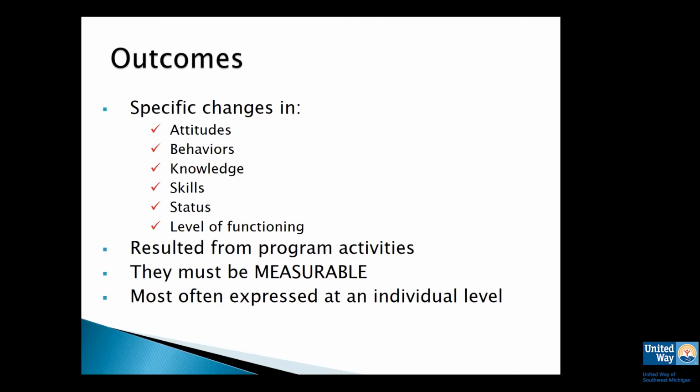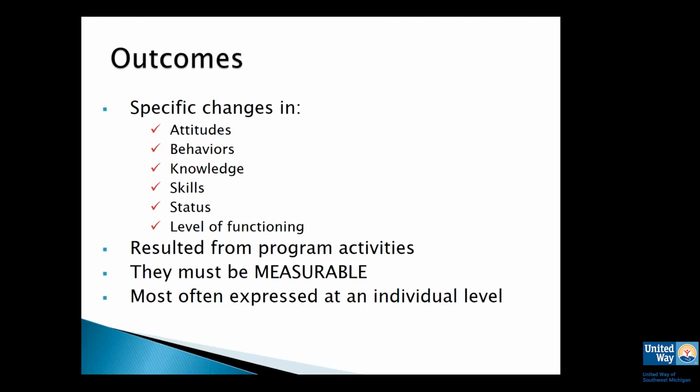Maybe I'm trying to educate the kids who are the target audience, or maybe I'm trying to educate parents. So you can think about, depending on what change you're trying to create, what you want to use as your measurement. The key issue is that it needs to be measurable and it needs to link to your program activities. If you can link it to your program activities, can you measure it?